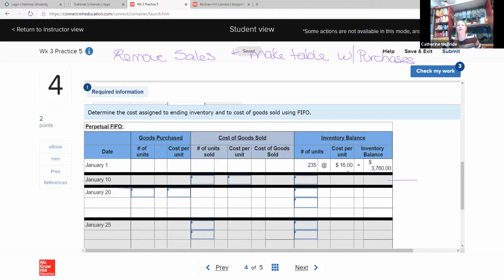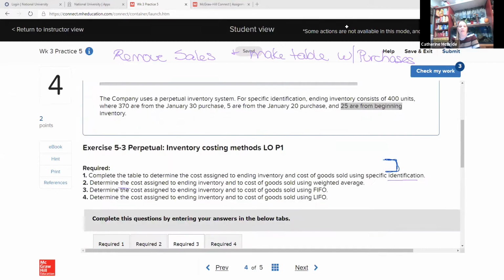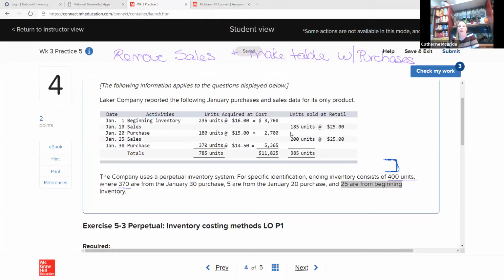So remember I said everything with this inventory has to do with layers. So this is my first layer. Layers can have more than one, but this is my first layer. That's where I'm at right now. So on January 10th, I made a sale. I sold 185 units.